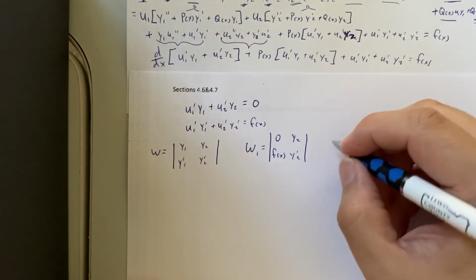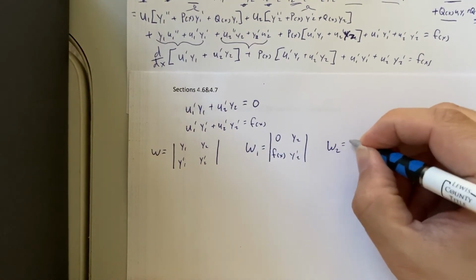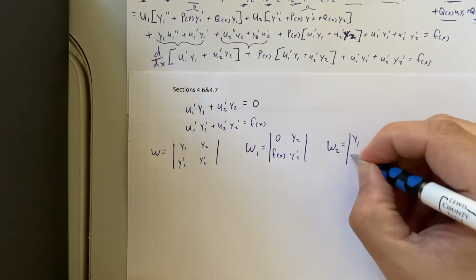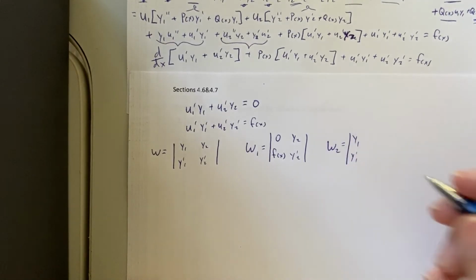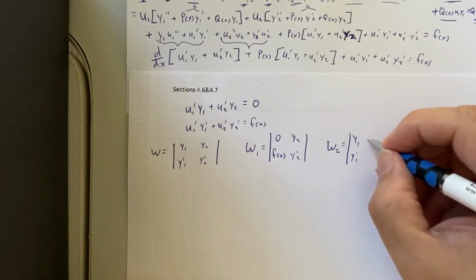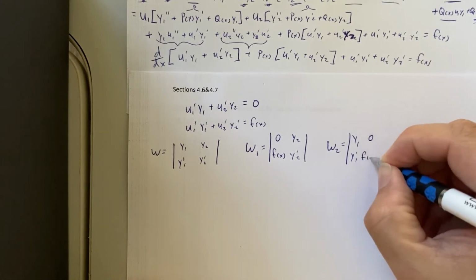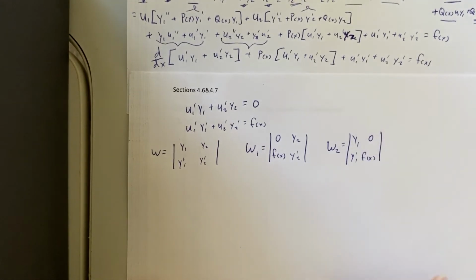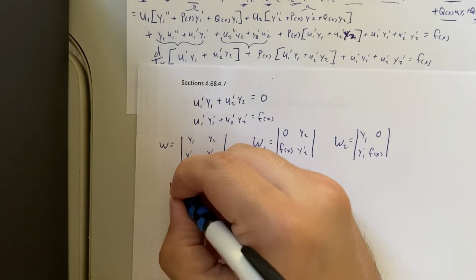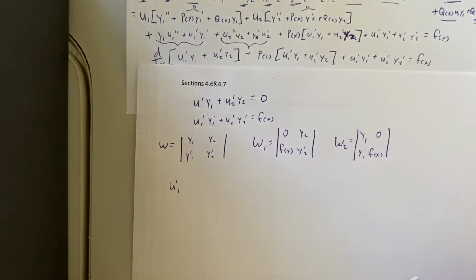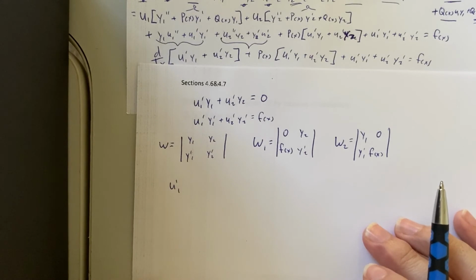Now, W sub 2 is where we keep the first column, and our second column is just going to be the solutions. That's basically what Cramer's rule is, where I'm able to find my first variable, u sub 1 prime.